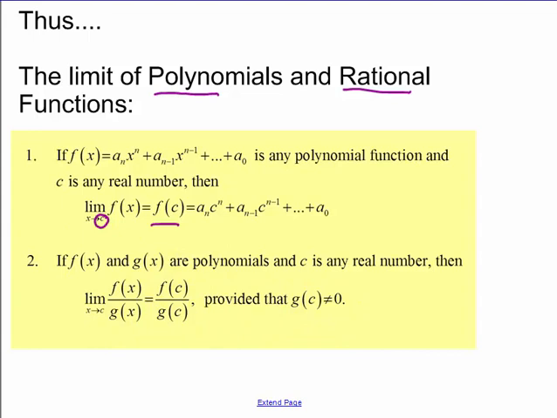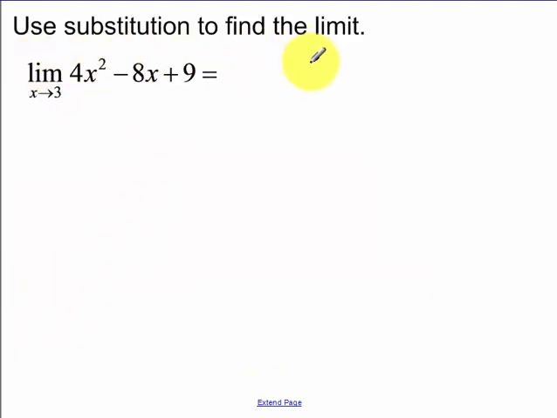And a lot of times you're going to have to factor and cancel out factors in that case. So going back to this problem, since it's a polynomial, all I have to do is plug in the 3, and I want you guys to show me plugging it in, and we simplify to also get 21.